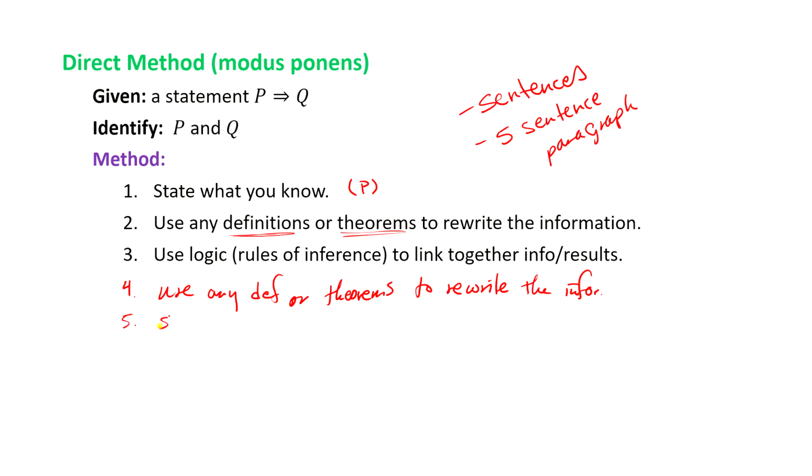So here, state the conclusion. Please note your conclusion is going to be that Q statement from above. So notice here in terms of new work, you'll be given the implication if P then Q. So this first part and this last part you'll have with no work. You're going to have to do the middle 3 statements is what you'll be dealing with in terms of writing up these proofs.